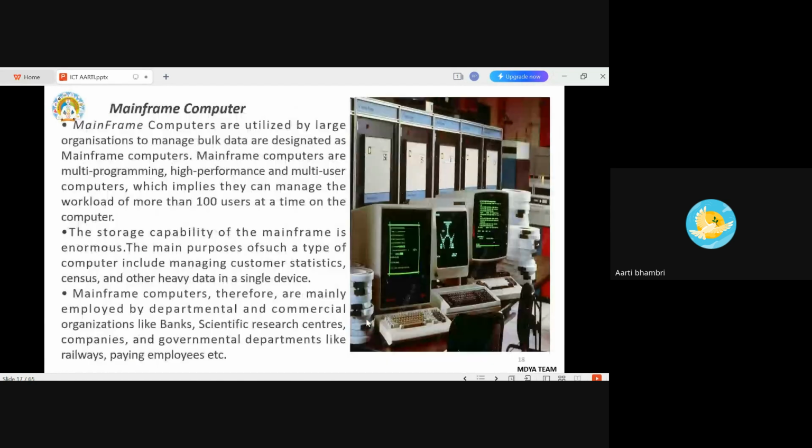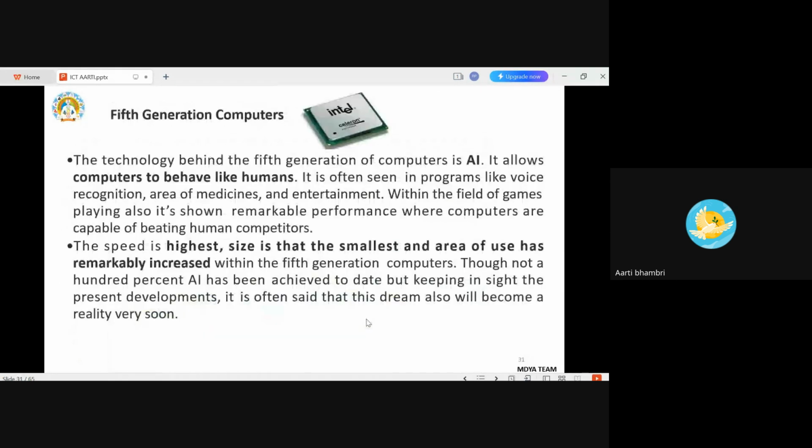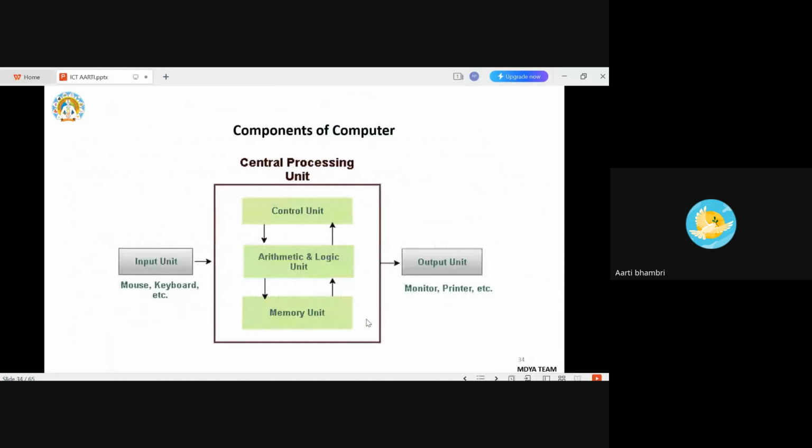I will show you the picture. Yes, this is the basic picture of a computer. We give the input to the computer through input devices.